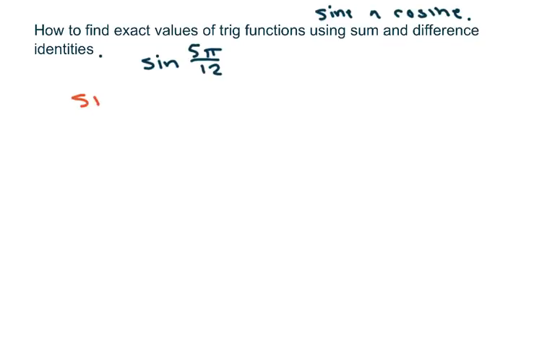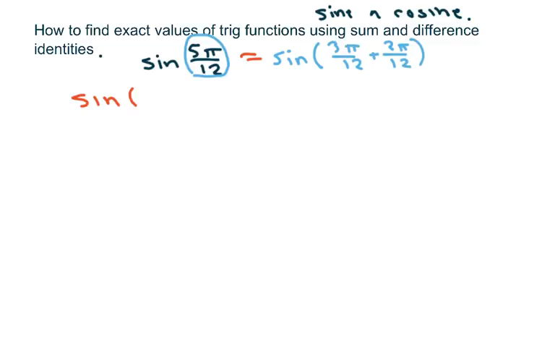So we have sine of, let's break this up. The first thing we notice is that this is not on our unit circle, so I'm going to make it where I can break this up into two different angles, an alpha and a beta. So I'm going to write this as 3 pi over 12 plus 2 pi over 12.